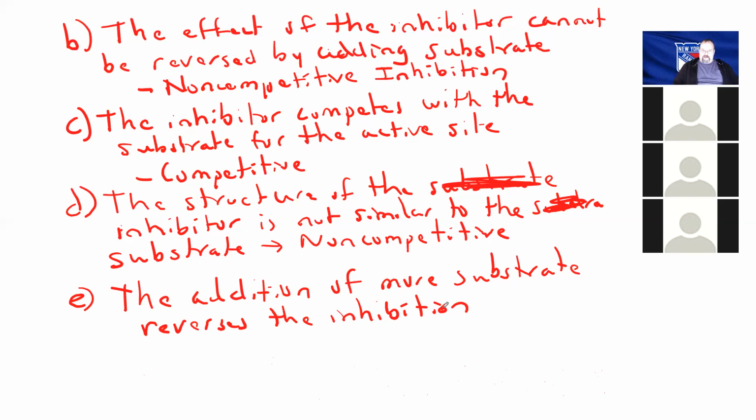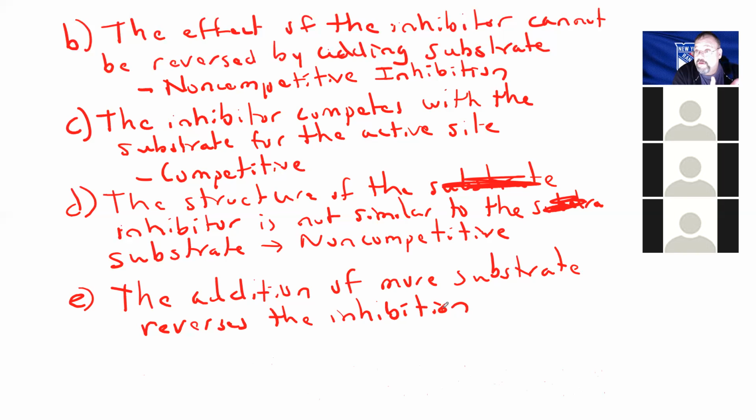That's with non-competitive. With competitive, because it's a race, one of the ways we can tilt the favor of getting the substrate to the active site before the inhibitor does is by adding more substrate. Because with all else being equal, if you have more substrate than inhibitor, what are the odds of the substrate getting to the active site first?